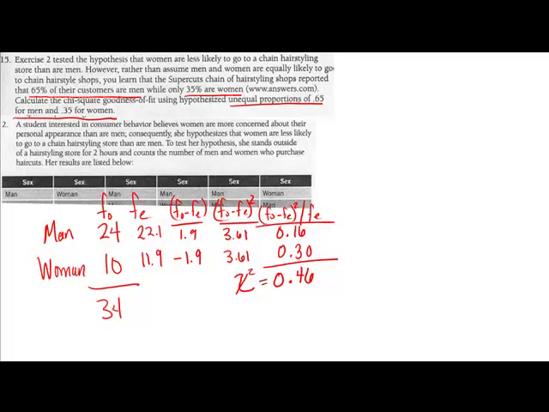Now we had two groups, which means we had 1 degree of freedom, which means the chi-square critical value was 3.84, and we got a 0.46.